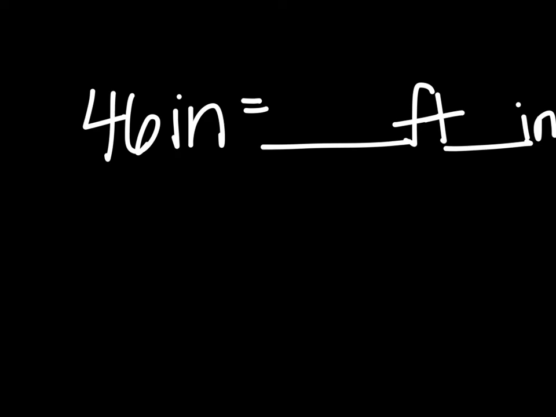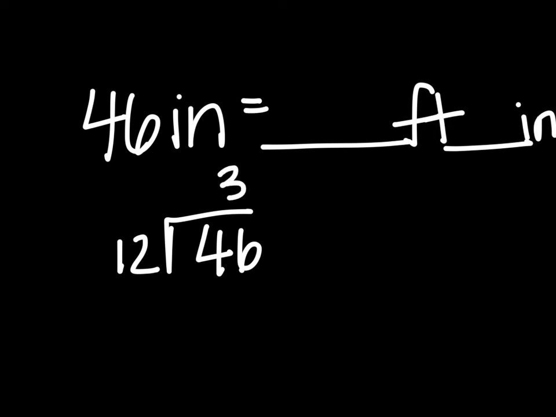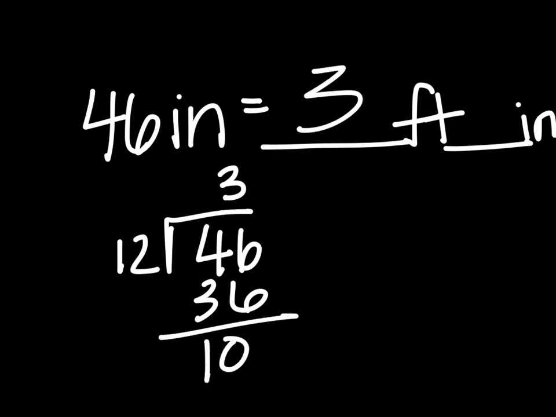So it's really just doing a division problem. We're going to take 46 and we're going to divide it by 12. I know that 12 can go into 46 3 times. And that would give me 36. And then I'd have a remainder of 10. So I can get 3 feet and 10 inches out of 46 inches.